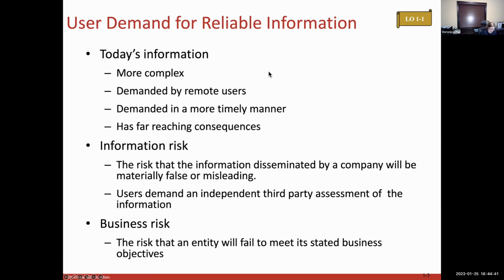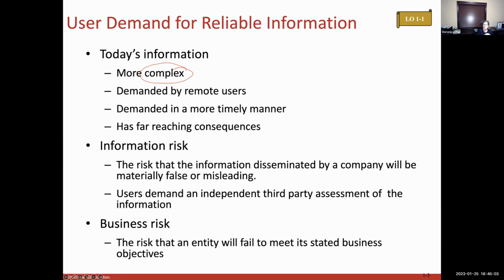And when we were discussing it, you can see that I circled the word complex. Is that showing up on the Zoom? Yeah, you're good. Thank you. So definitely we have more complex information.